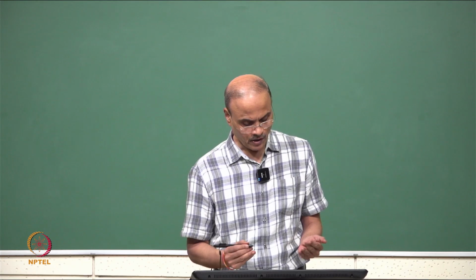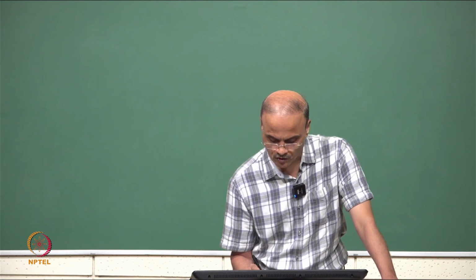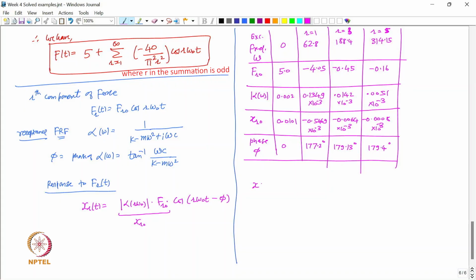And then if you combine all of them, we are going to have the expression x of t, which is equal to the sum of all these components, for r equal to 1 to 3.